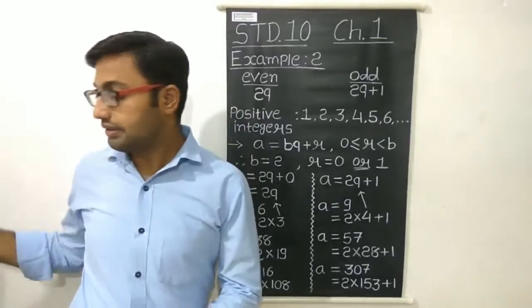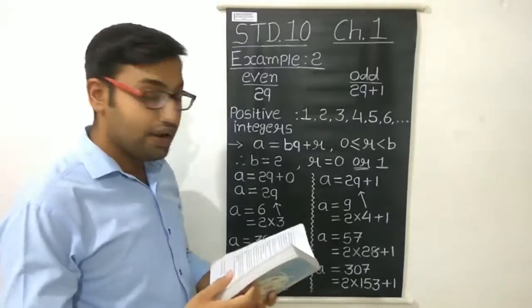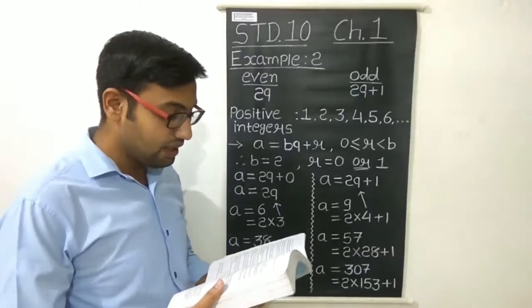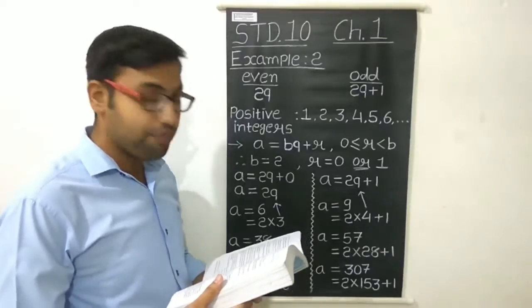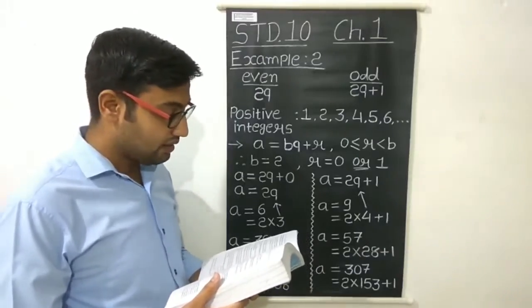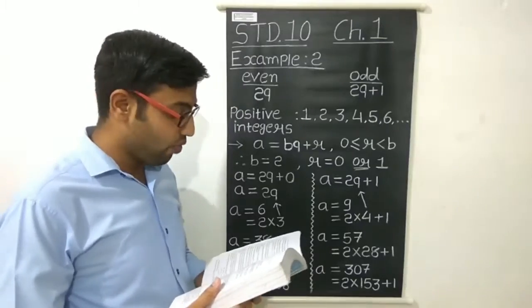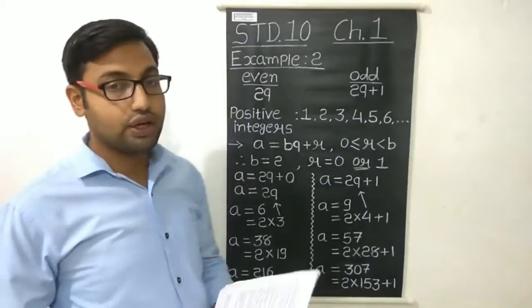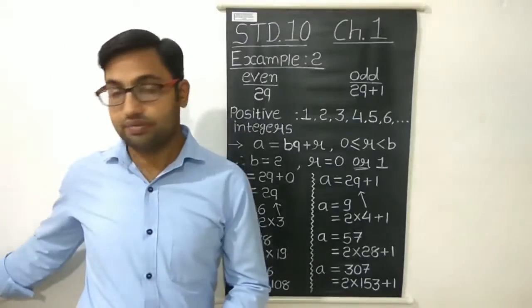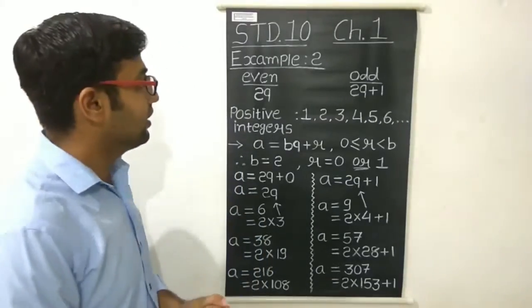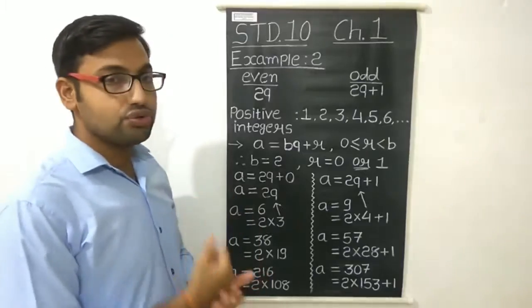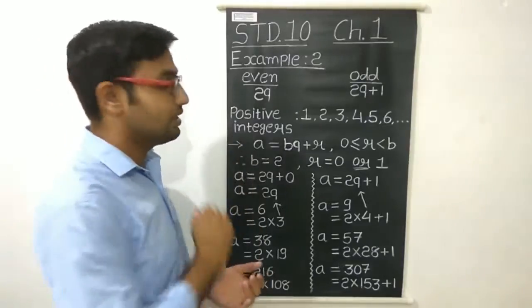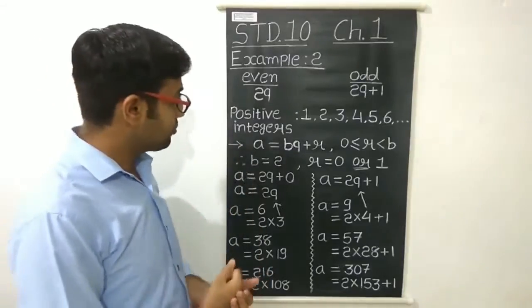The question is to show that every positive even integer is of the form 2q and that every positive odd integer is of the form 2q plus 1, where q is some integer. In the question, the word used is positive integers.